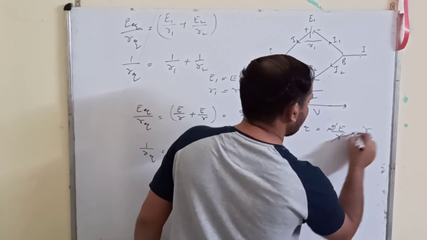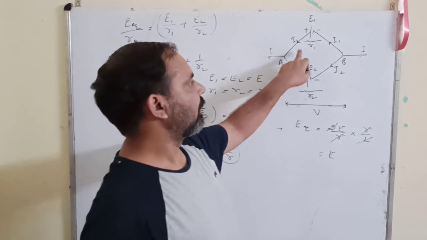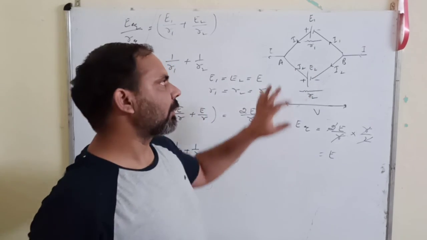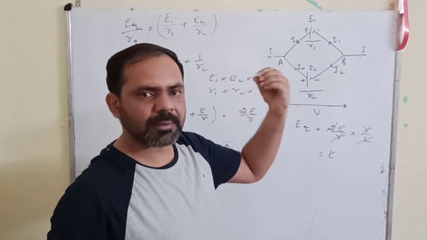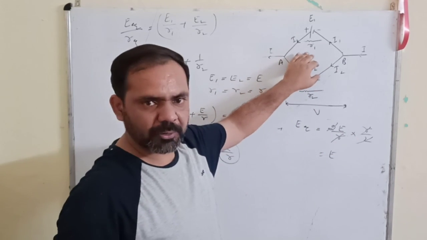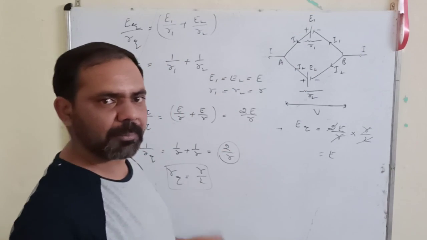So 2 and R will cancel and you get E. It means that if you combine two similar cells in parallel combination, the EMF of the combination remains equal to the EMF of a single cell. Means EMF does not change. What changes is only the internal resistance. It becomes half.